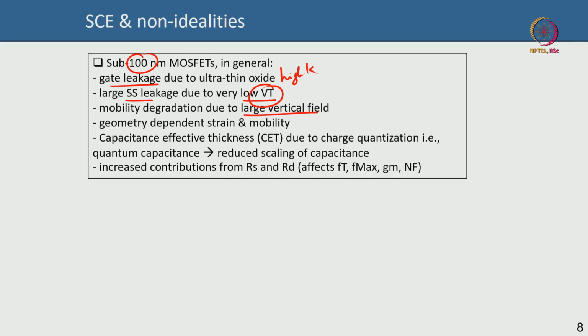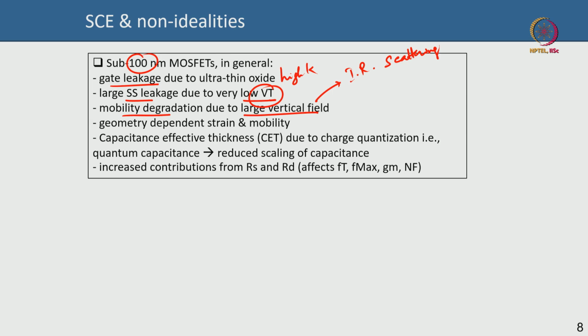As I kept telling you, because of a high vertical field, your mobility degradation will become worse, because a high vertical field will lead to more interface roughness scattering. Because of a high vertical field, the electron wave function will be pressed hard against the interface.